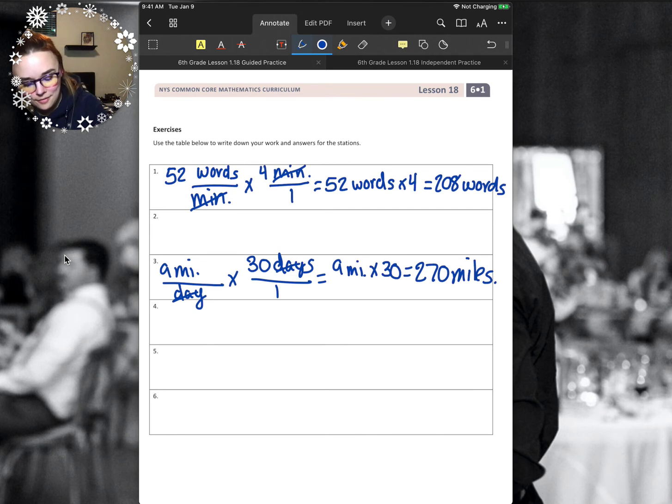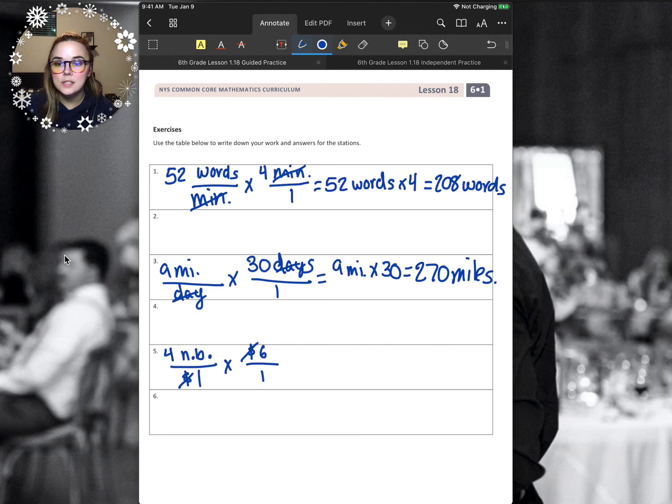Alrighty, so we have 4 notebooks, and I'm going to abbreviate that with just NB, for $1. And then I'm multiplying this by our $6. What I can get rid of here is that dollar sign.